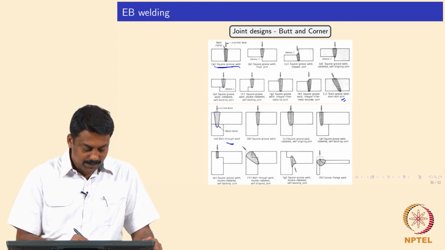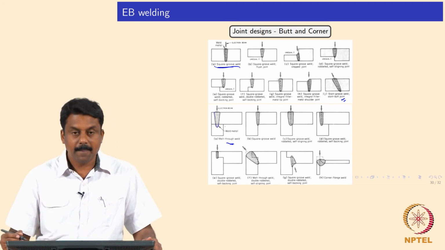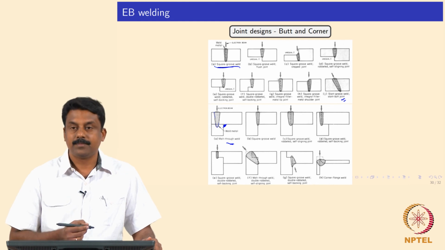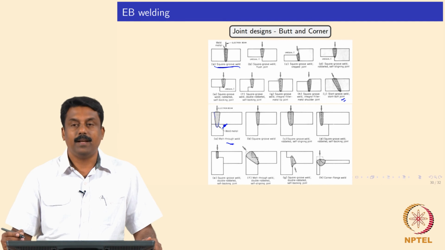So the beam can penetrate and melt, and you make a joint between two interfaces, the melt through weld. And this is better than a fillet weld, because in a fillet weld you add extra material, and you also have stress concentration points, isn't it?